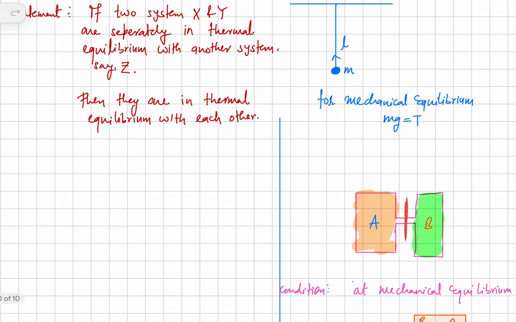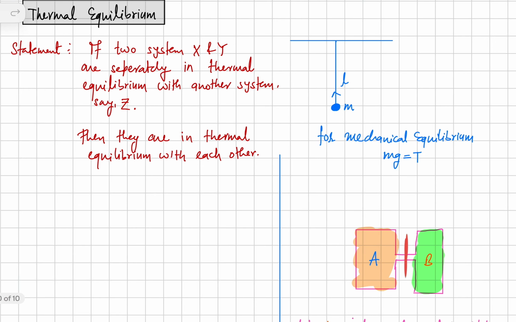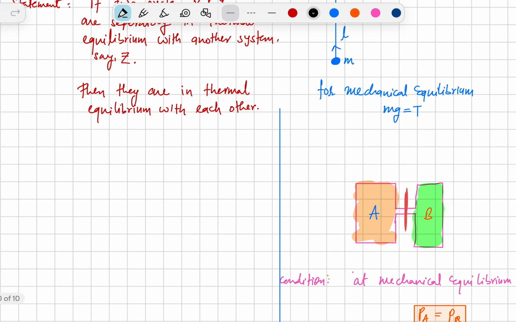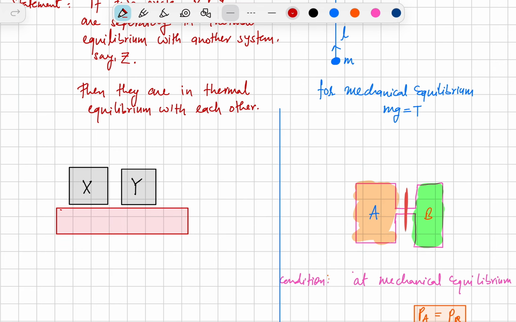Now if you see what this law is saying, suppose you had two systems, this is X and this is Y, and they were in thermal equilibrium with the third system, that is Z. And we have put a particular kind of wall between these objects.